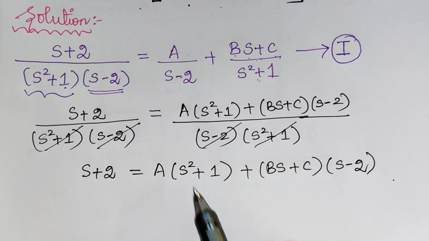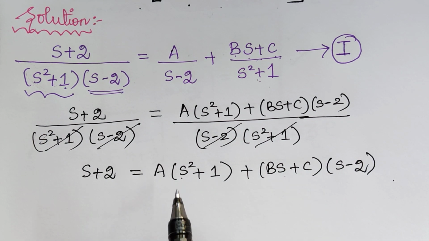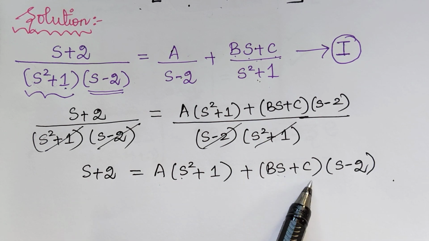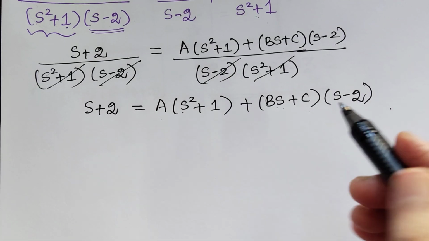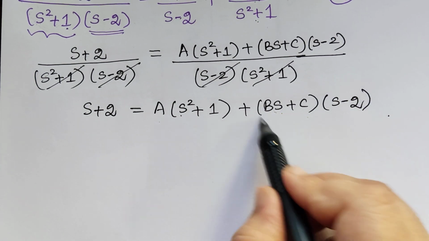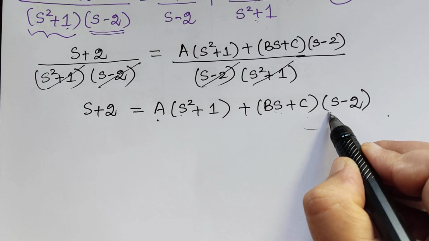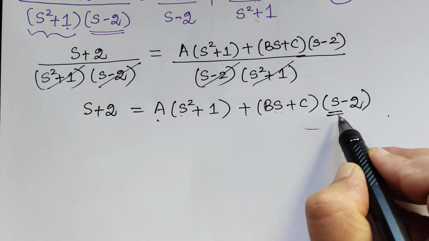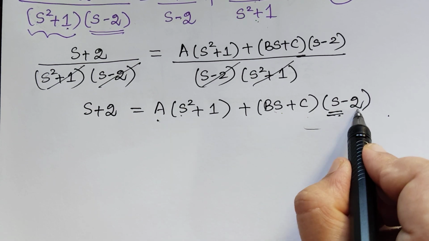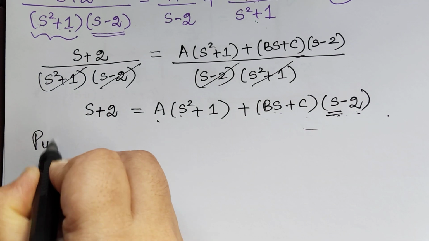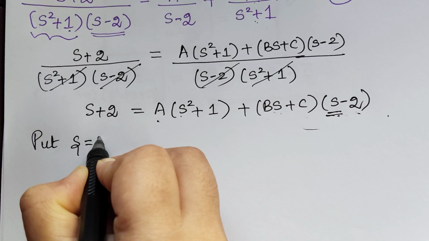Now we have to give values for s in order that we can find the values of a, b and c. Now for that, first we shall make this term 0, so that we can find the value of a. If we put s is equal to 2, 2 minus 2 will become 0. So this term will completely become 0. So we will put s is equal to 2.